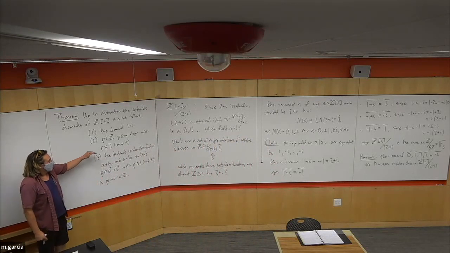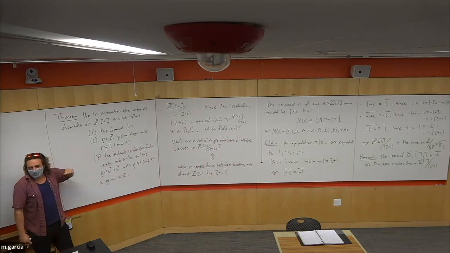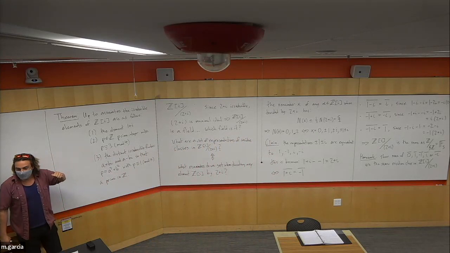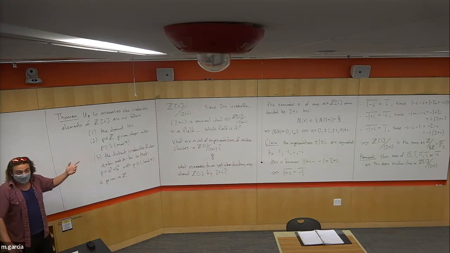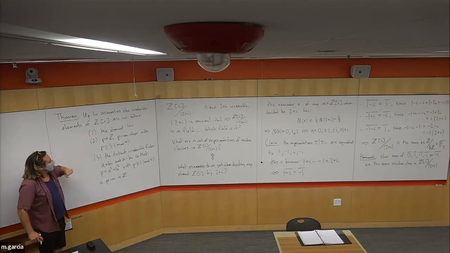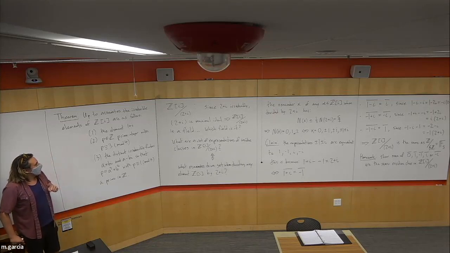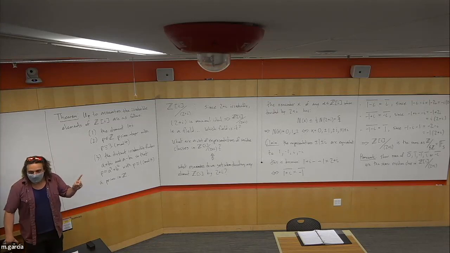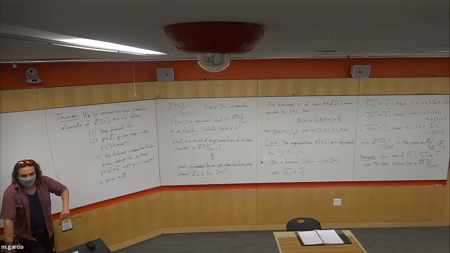And any prime which is not congruent to 1 mod 4, i.e. congruent to 3 mod 4, must remain irreducible in the Gaussian integers. Okay, and then we just have this special case 1 plus i, which corresponds to what in the rational, I'm sorry, in the integers.